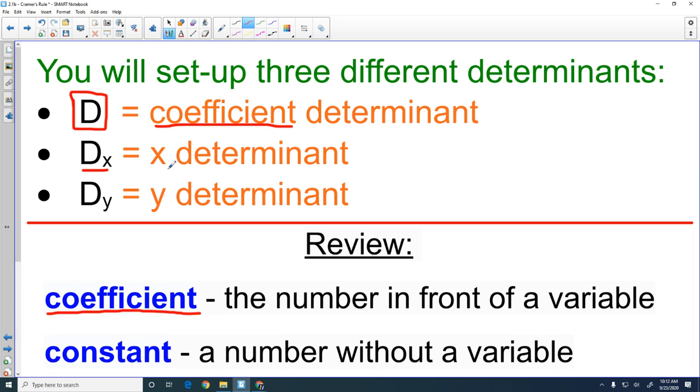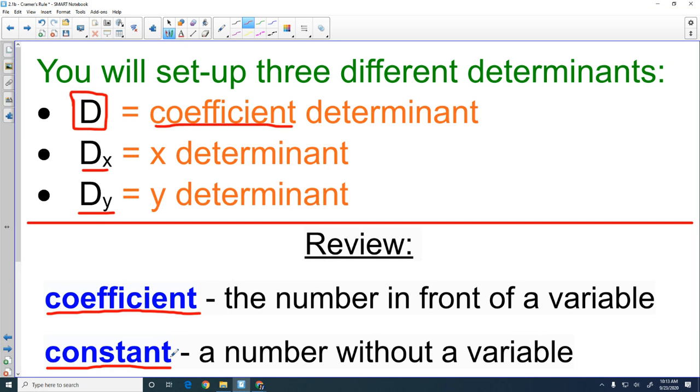D sub x is what we call the x determinant. We're going to use this to find the x coordinate of our solution. Remember, we're looking for an ordered pair for this system of equations, an x and a y value. And D sub y is simply the y determinant. We're going to use this value to calculate the y coordinate of that ordered pair in our final solution. Another term that you should be familiar with, that I used on the previous slide, is a constant.